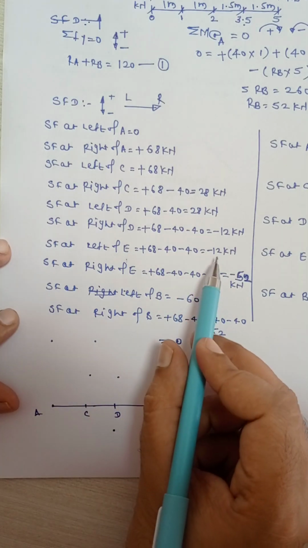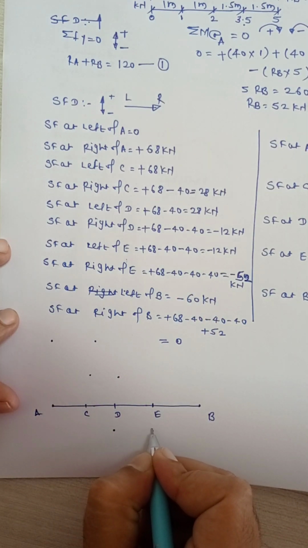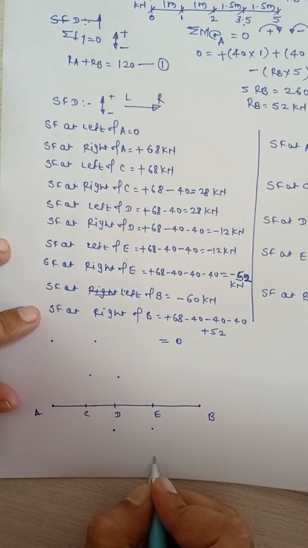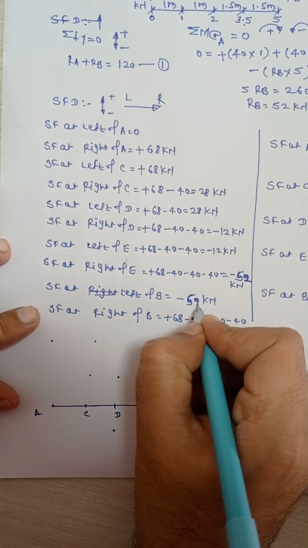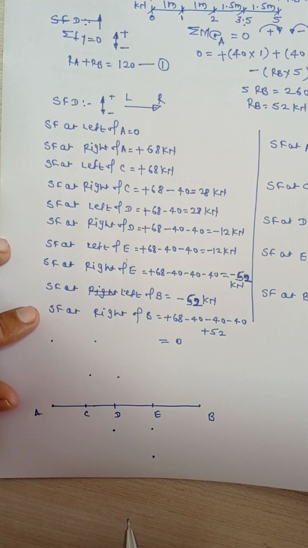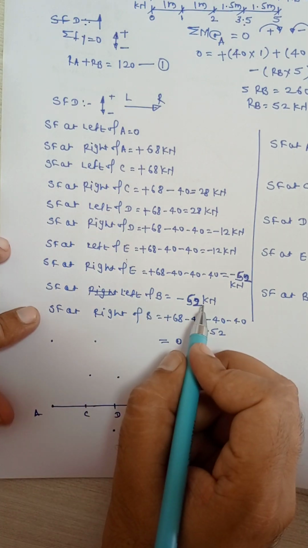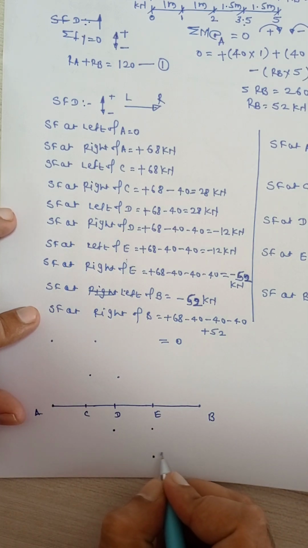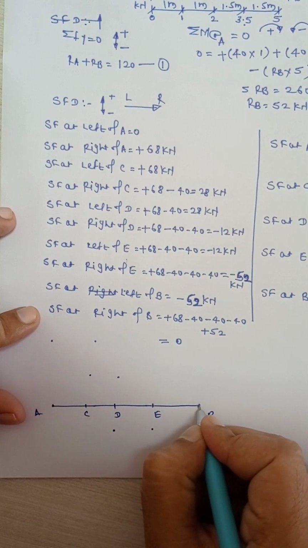At E point also two values are there, minus 12 and minus 52. Here we also have to change 52. At B point also we have two values. This is 52 and the other answer is 0.